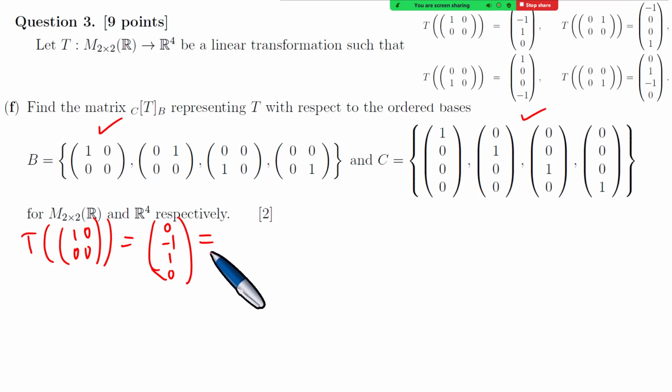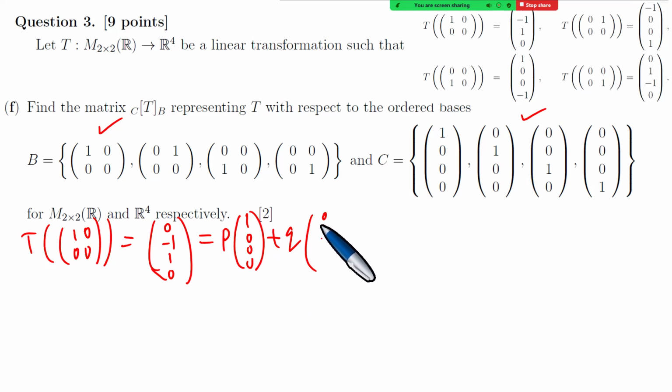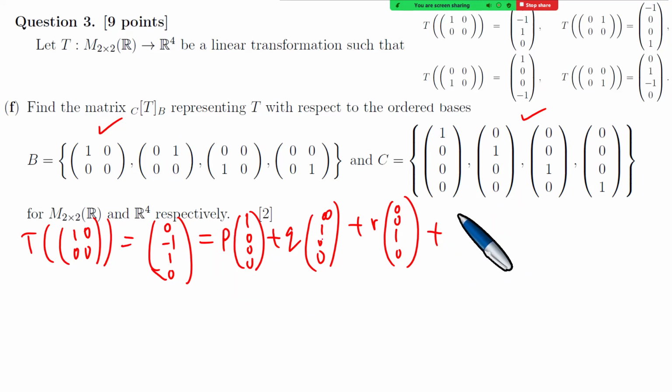It means that you can call it P of the first one, using some letters, Q of this one, R of the third one. Depending on the amount of energy, you can do this for all, because there are 4 vectors here. So P, Q, R, S, 0, 0, 0, 1, like this.